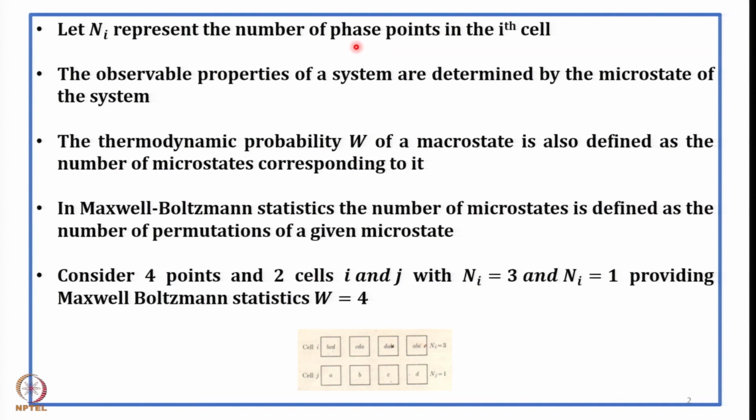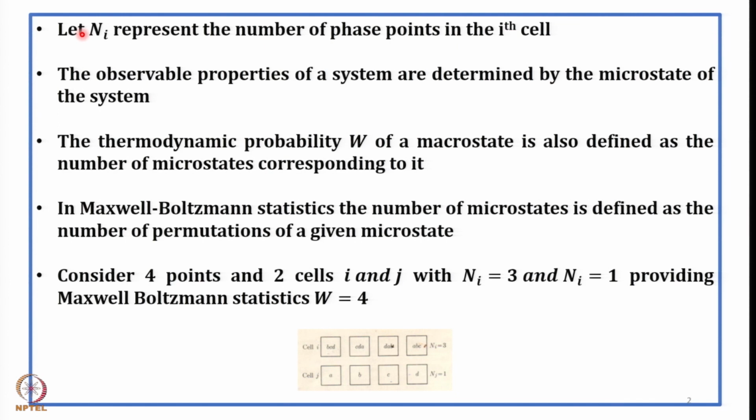And let us say in any ith cell, let there be Ni number of phase points, then the observable properties of the system are determined by the microstate of the system. And when we talk about the microstate of the system or observable properties, then we think of the thermodynamic probability of a macrostate.